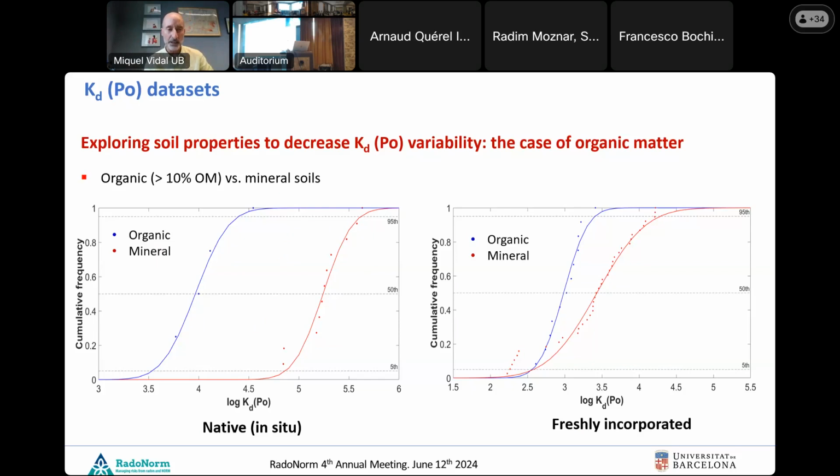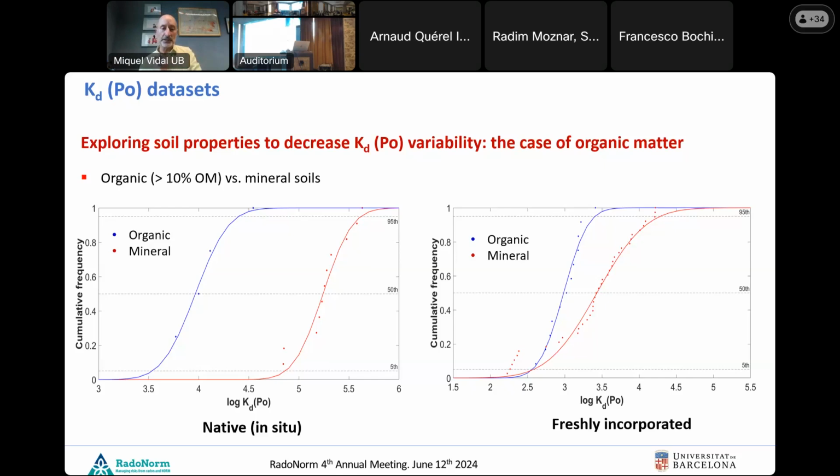As you may see, the Kd is very sensitive to this organic matter content, and we may have lower Kd values for polonium dealing with organic soils with respect to those proposed for mineral soils, with changes of more or less 1.5 orders of magnitude for native and around 1 order of magnitude for freshly incorporated sets.